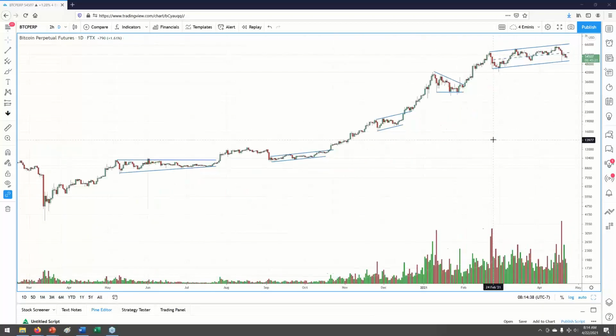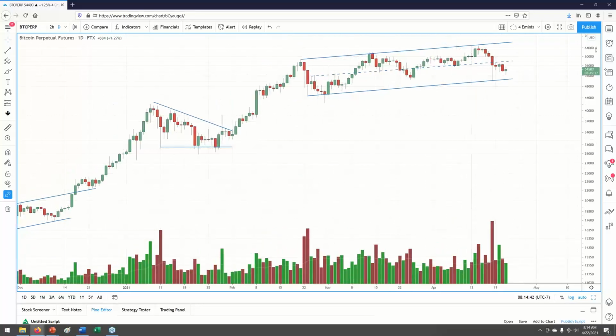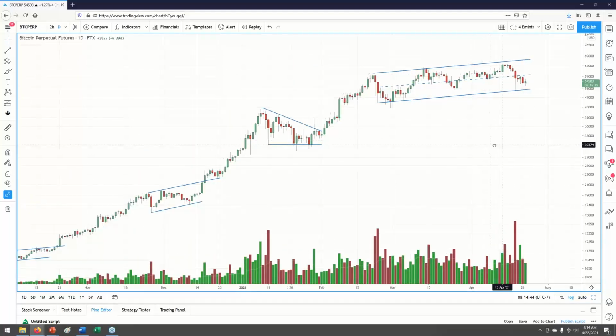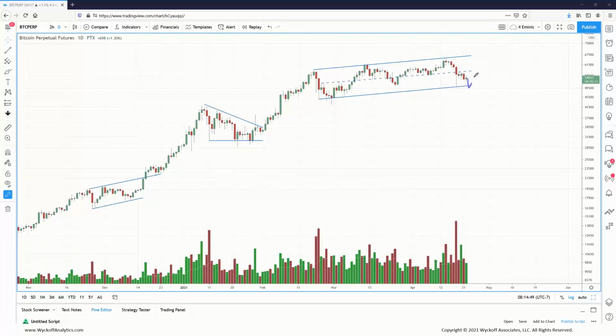And it seems like there are quite a few scenarios here that could potentially happen if this is not the end. Scenario number one, we're just recovering and going up. Scenario number two, we're consolidating here more and then we recover.